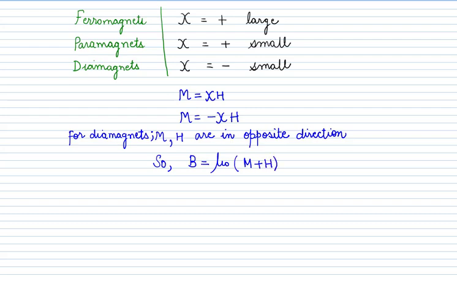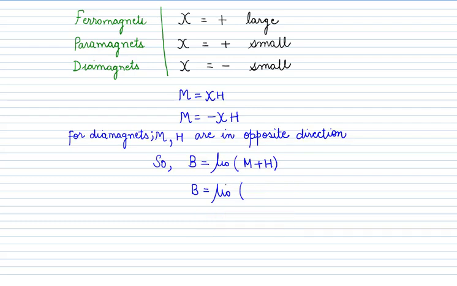We can substitute M is equal to minus Xi H. So B is equal to mu naught (minus Xi H plus H). H we can take as common, so this is 1 plus Xi.